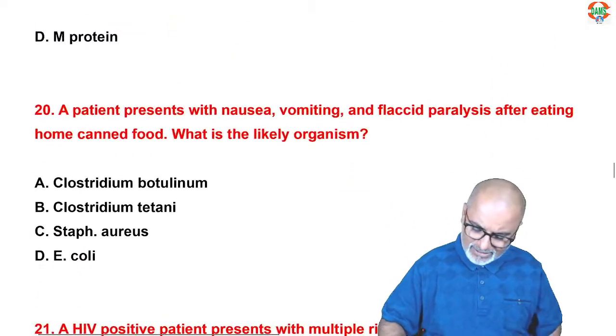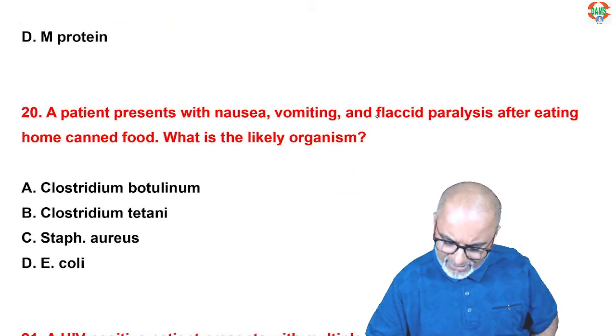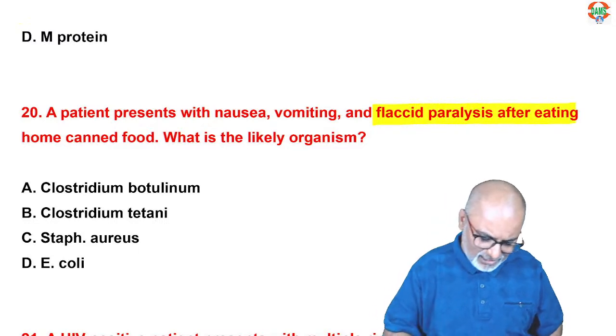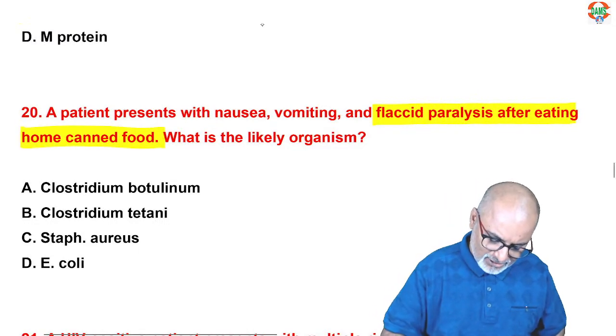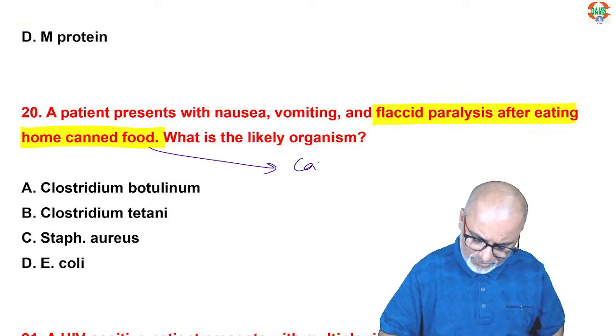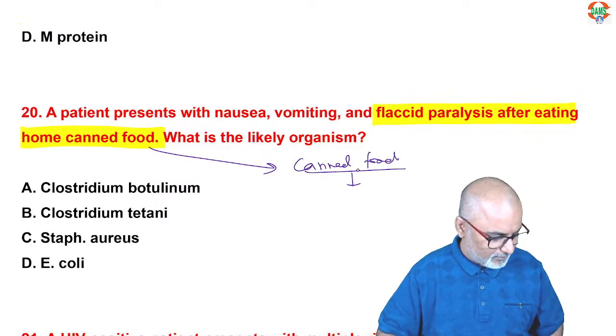A patient presents with nausea, vomiting and flaccid paralysis after eating canned food. Remember, canned food, that's the clue. Botulinum toxin.